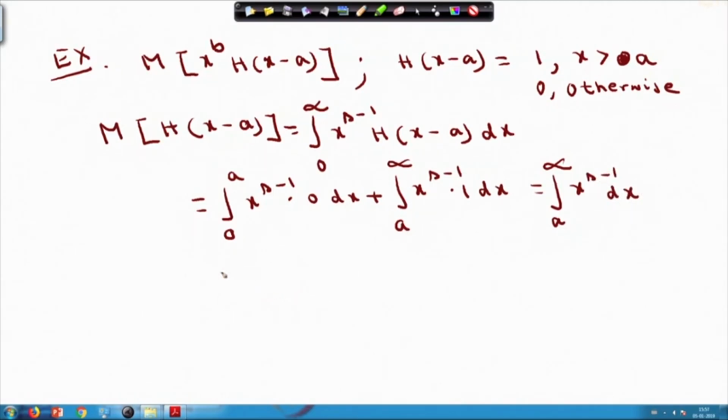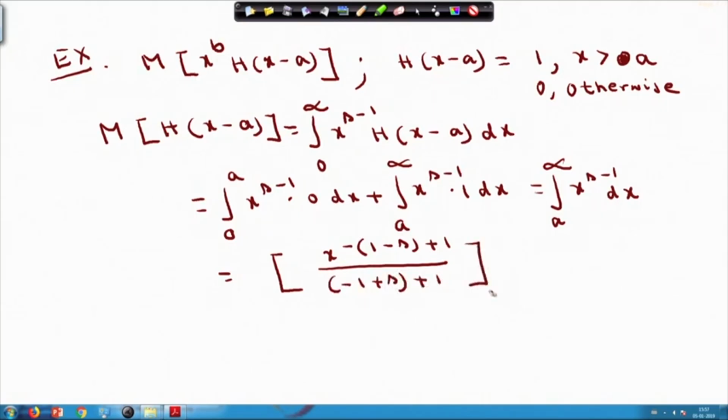If you evaluate this integral, it equals x to the power s, that is x to the power minus 1 plus s plus 1, divided by minus 1 plus s plus 1, with the limits a to infinity. When you evaluate the upper limit, the value will be 0 and the lower limit will be minus a to the power s by s. And we are assuming that the real part of s is less than 0.